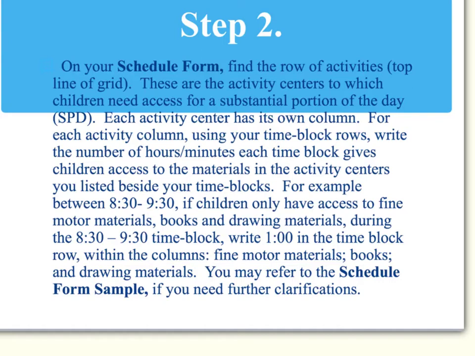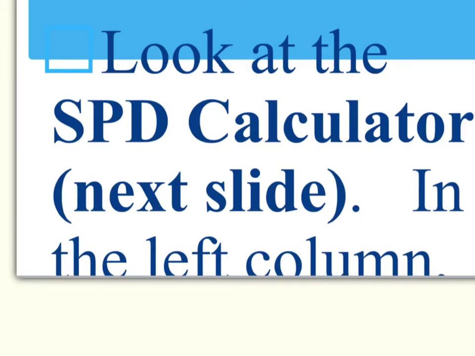So if you look at this example, if between 8:30 and 9:30 children have access to fine motor, they have access to books, and they have access to drawing materials, which would be art, then you're going to record 1 hour in the time blocks under fine motor, books, and art. And as we get to the sample, I'll show you how that's going.